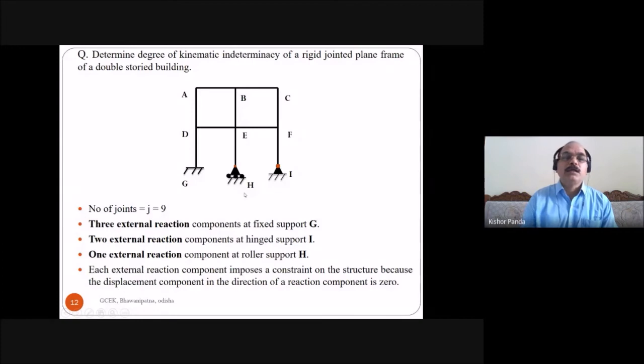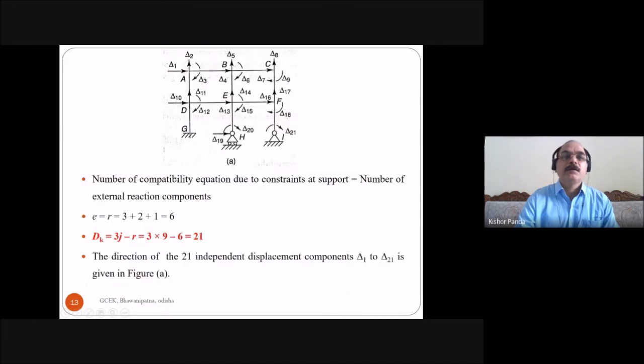Then you find out what is the degree of kinematic indeterminacy. You have to consider due to extensibility of the member and due to inextensibility of the member. By considering both cases, you find out the degree of kinematic indeterminacy. So here, considering the extensibility of the member, the number of compatibility equations due to constraint at support is equal to the number of external reaction components.